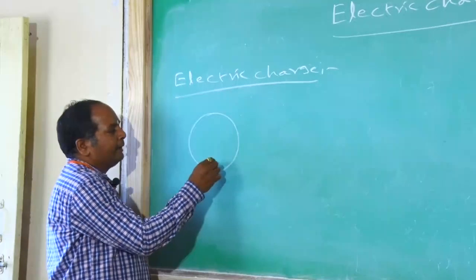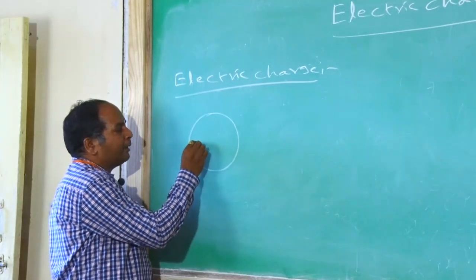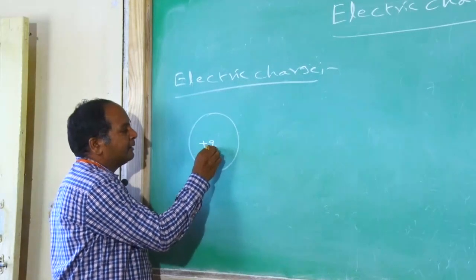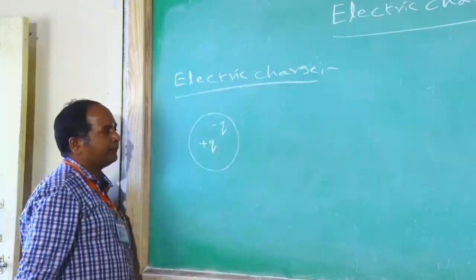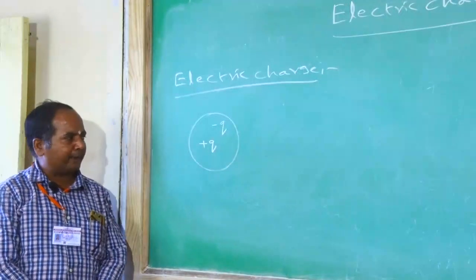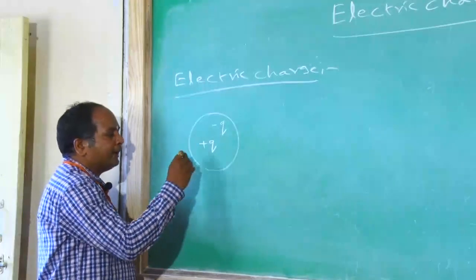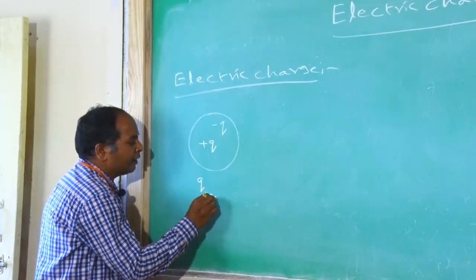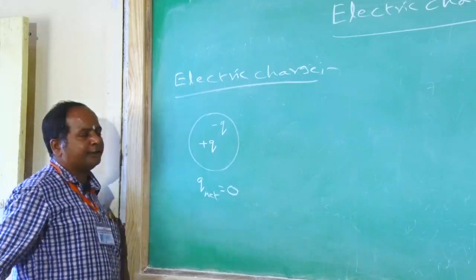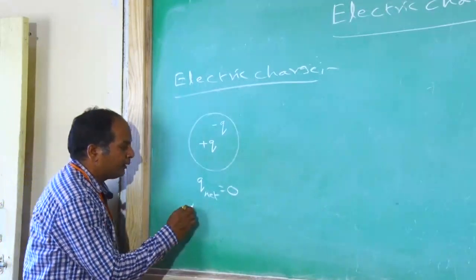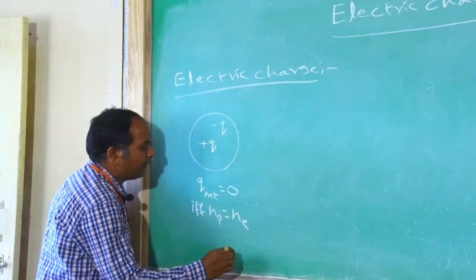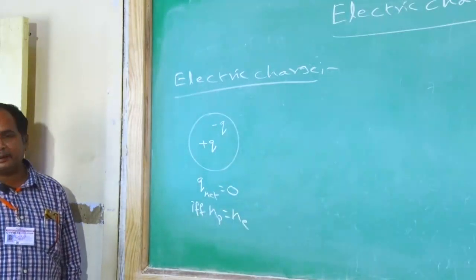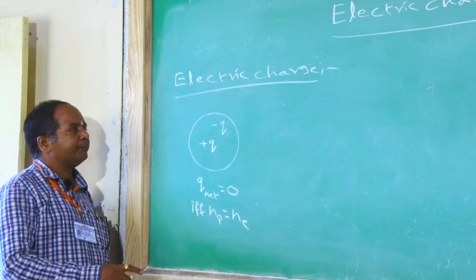Suppose the total positive charge due to protons is plus q and the total negative charge due to electrons is minus q, then the atom's net charge is treated as 0 if and only if the number of protons is equal to the number of electrons, then automatically net charge will be 0.